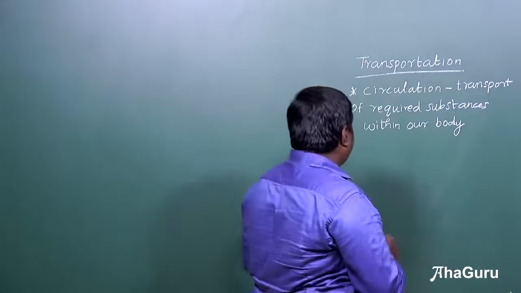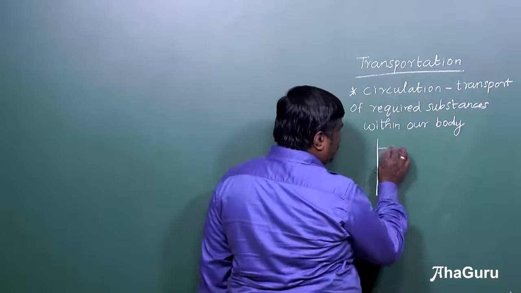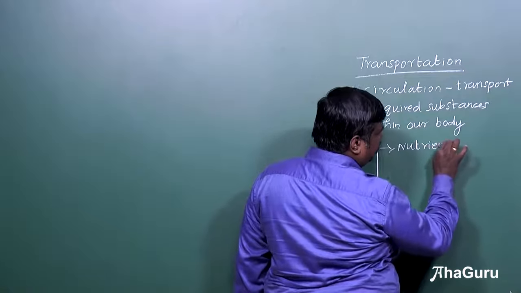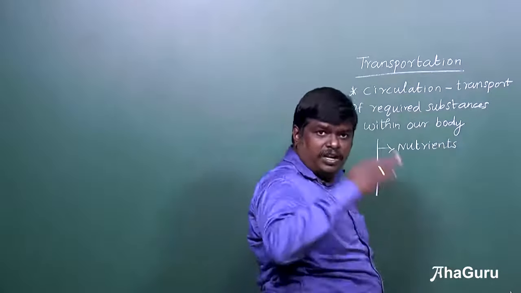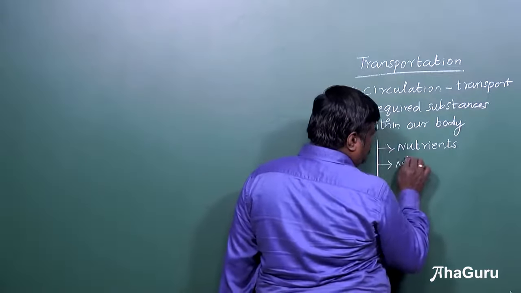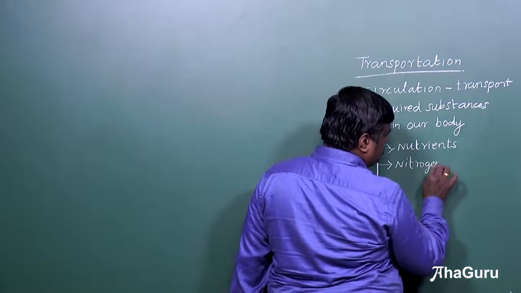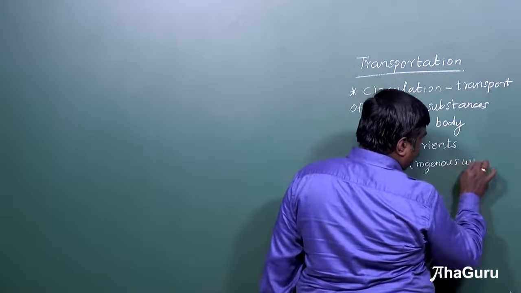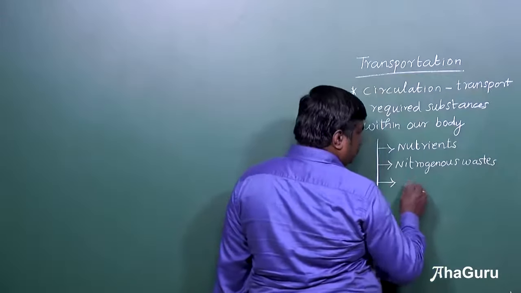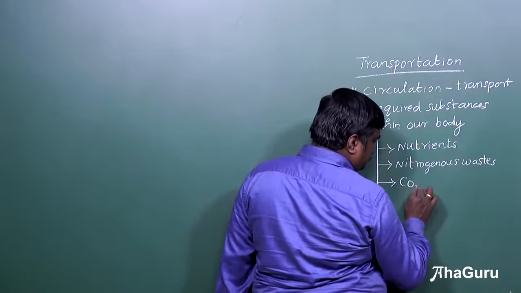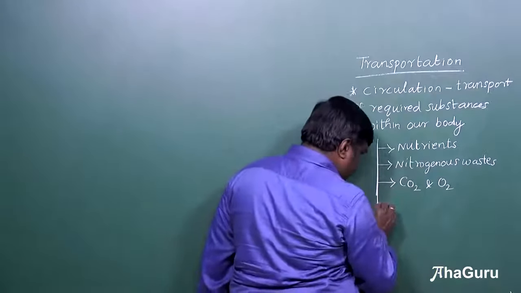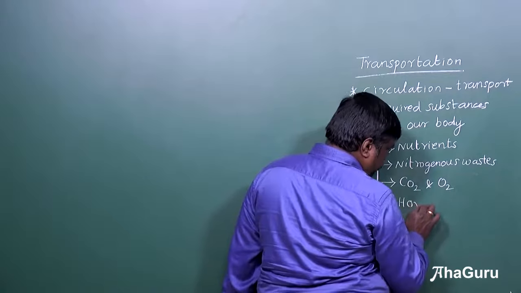So what are the substances that are transported in our body? The transported substances include nutrients, which are transported within our body with the help of blood. Apart from that, nitrogenous waste, carbon dioxide and oxygen, and hormones are transported.